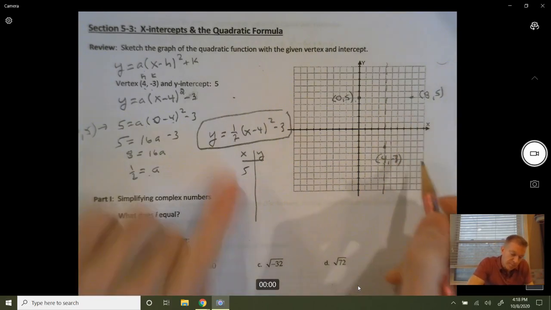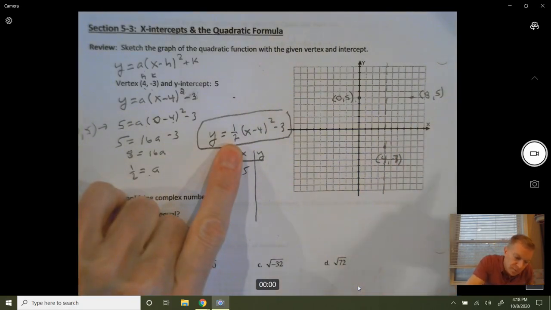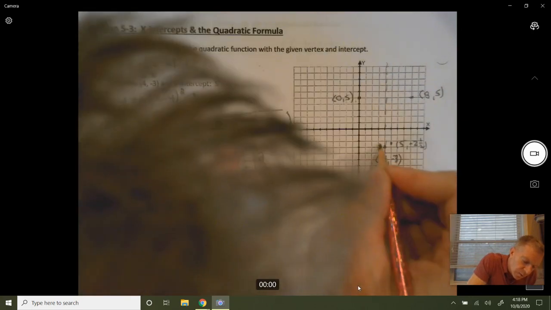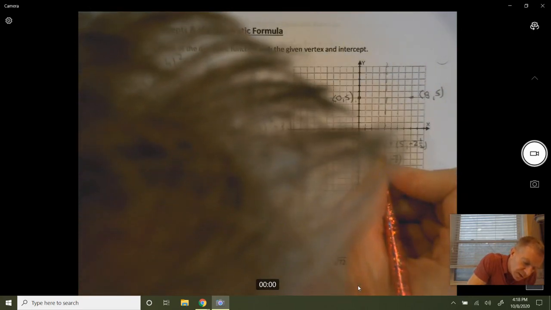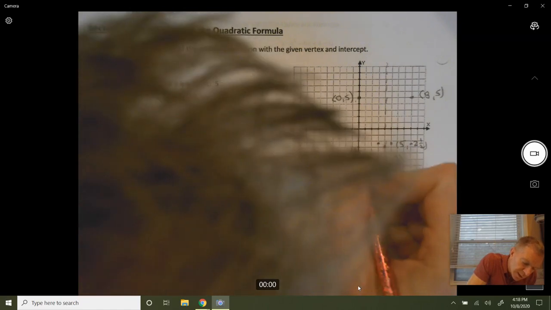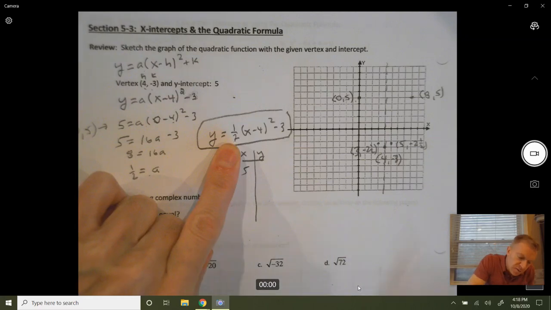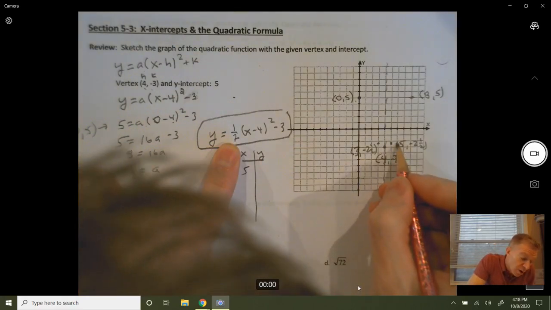So let's try that. Our a value is 1/2. Over 1 up 1a, so 1/2, that would get me to (5, -2.5). And over 1 up 1/2 would get me to (3, -2.5), or -5/2.